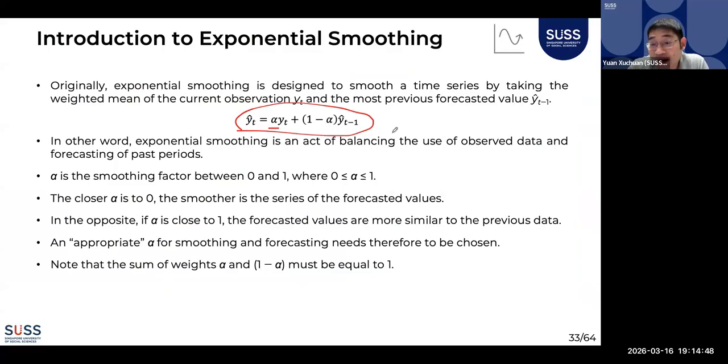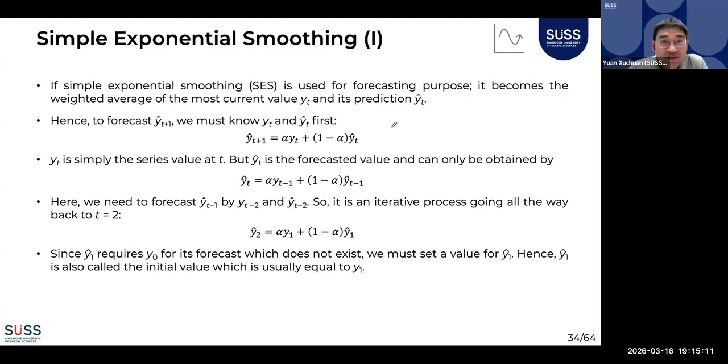But in our package, if you do not specify alpha in your model, the R package will estimate the best alpha for you, based on the least squares principle, to find a parameter which minimizes the total mean squared errors. So this is simple exponential smoothing.